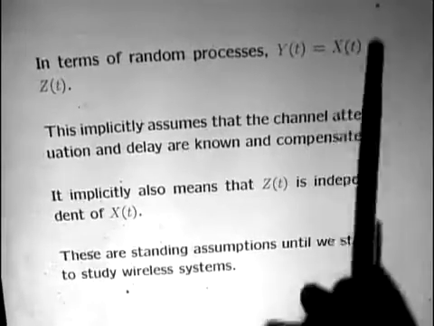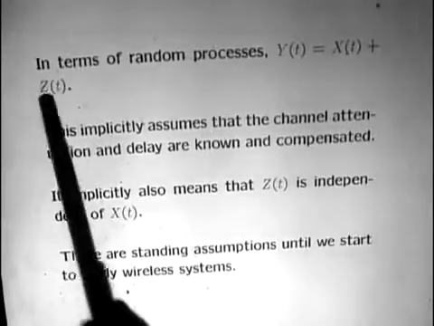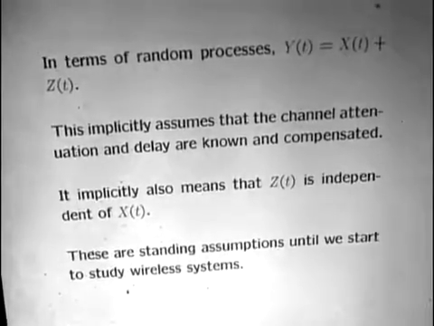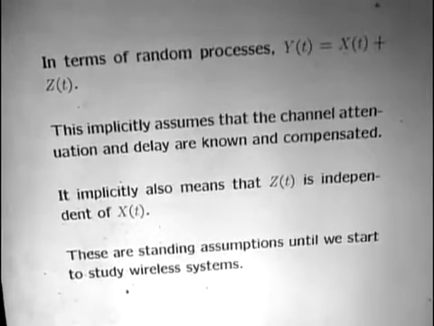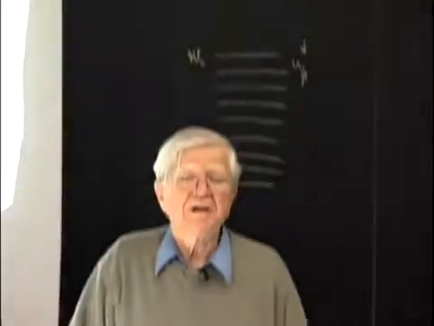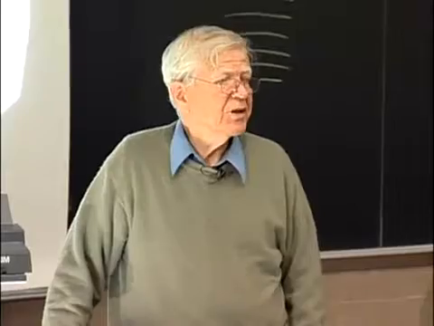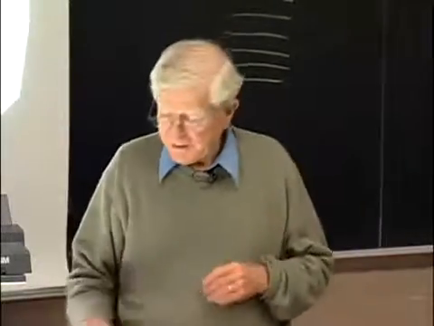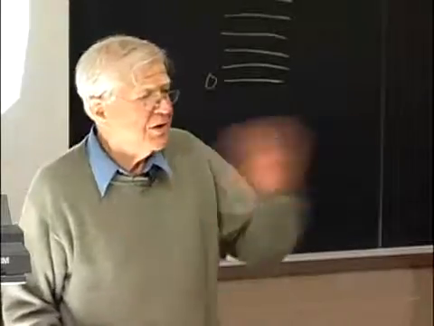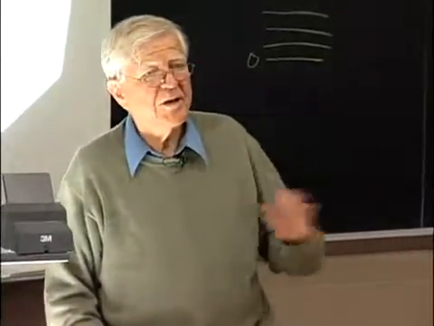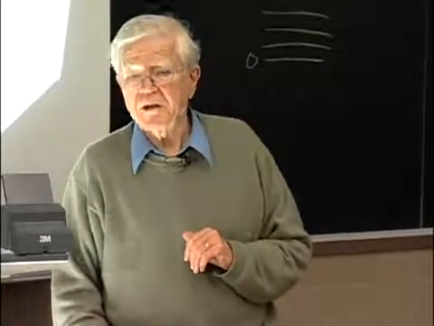Y of t is x of t without delay plus z of t. And now, after studying these modulation things, we can add a few more things which are implicitly put into here. One of them is that we know what the received phase is, so that in fact we don't have any phase error on all of this. So we're saying let's get rid of that also. So we have no timing error, no phase error.